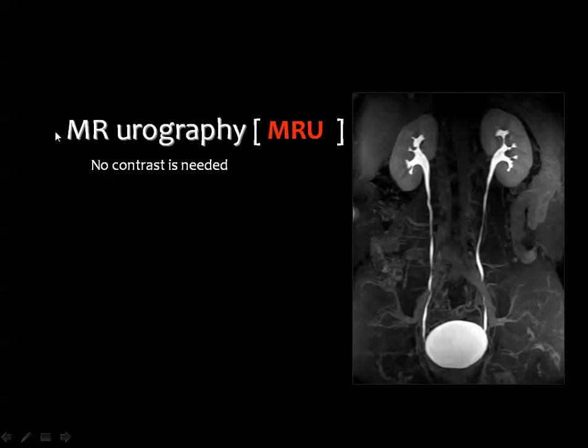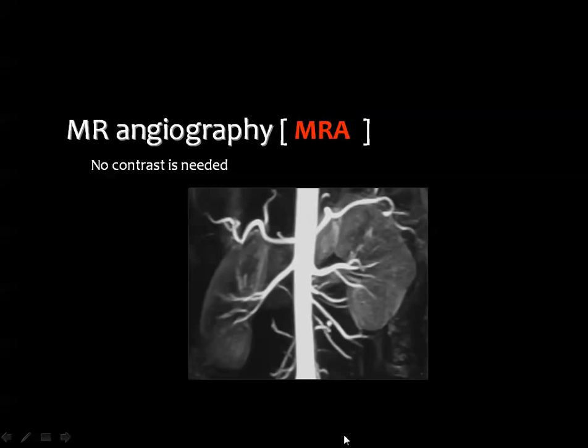And also you can obtain this image without injecting the patient with contrast material. This is known as MRU or MR urography. No contrast is needed. We use only the flow of urine in the urinary system to initiate this image. Then you can see the pelvicalyceal system, the ureter, and the urinary bladder. And this is an examination known as MR angiography or MRA, and once again there is no need to inject contrast material.